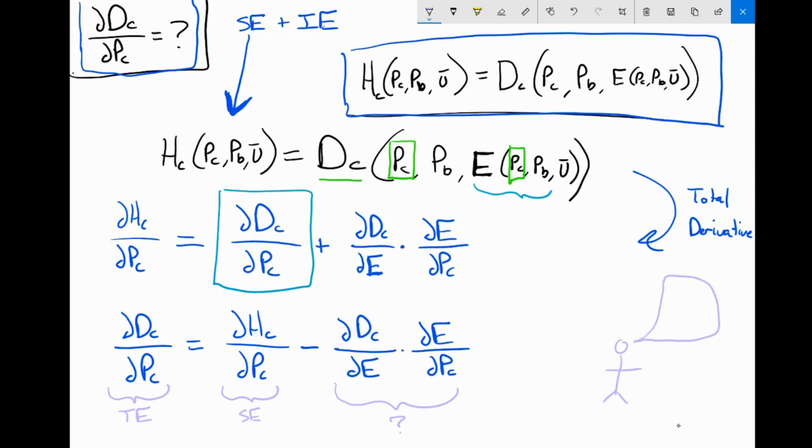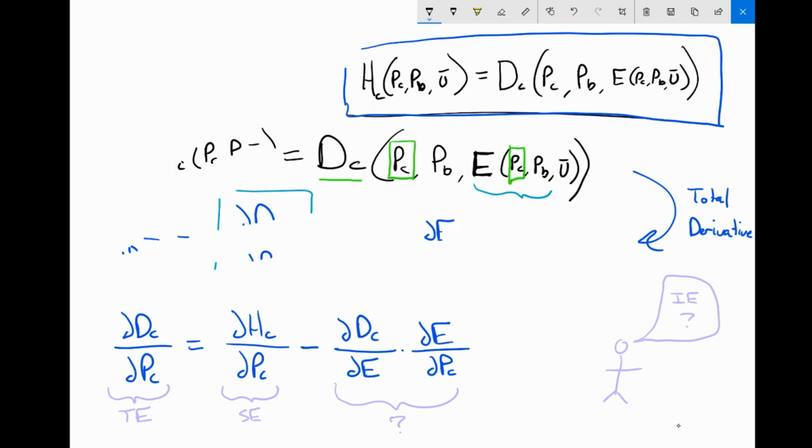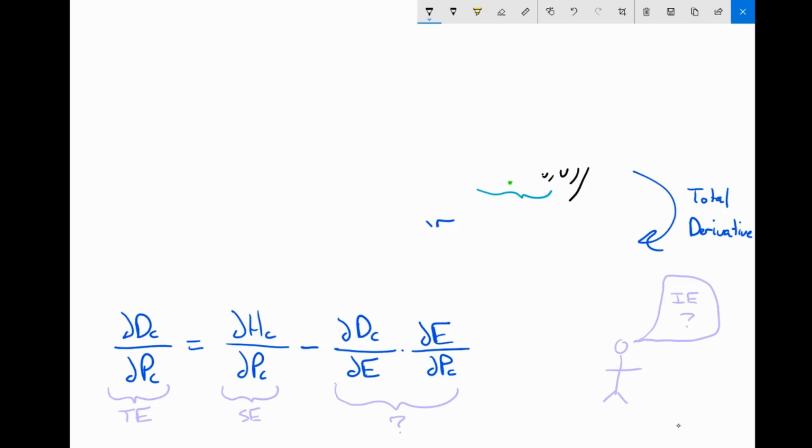In the back of your mind, you might be thinking, is this the income effect? Well, let's see. I'm going to erase all of this, write this equation up in the corner, and then we are going to continue with our calculations.